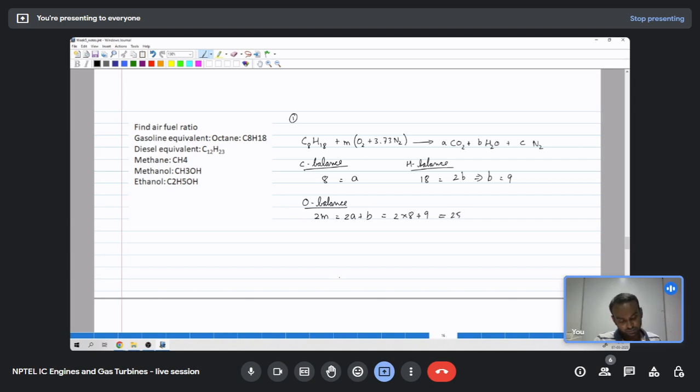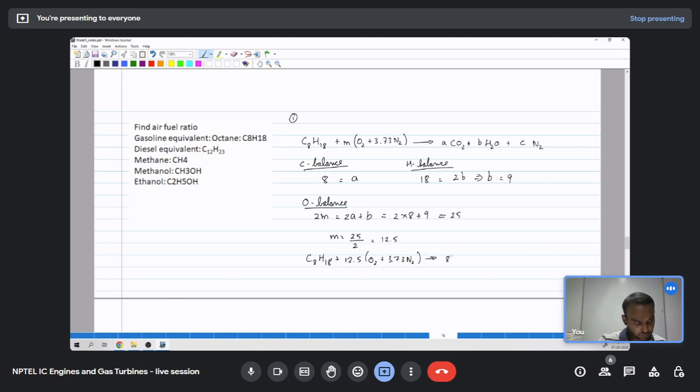So this is 2m, right? So m is 25 by 2, which is 12.5.